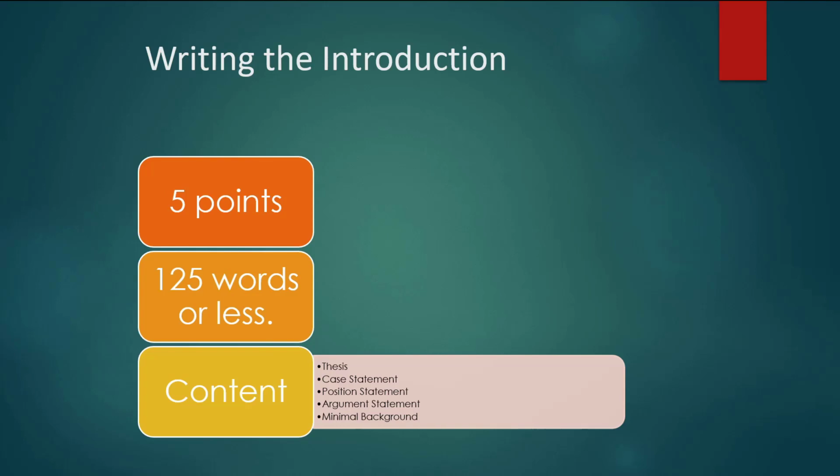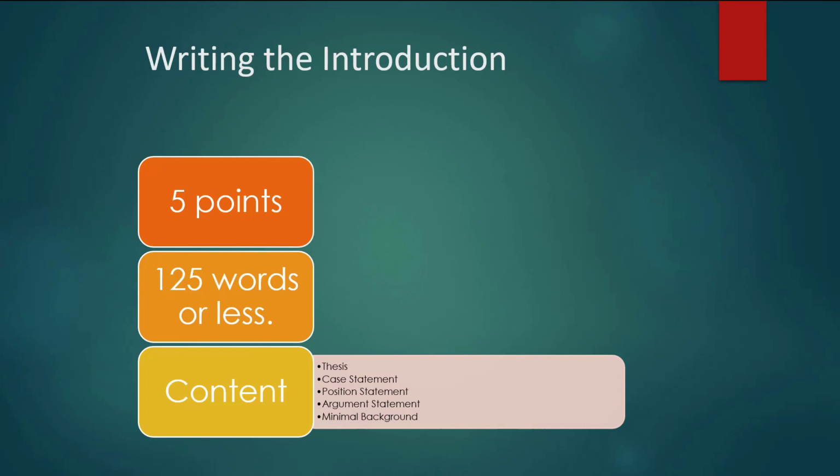For the content, there are 5 things that need to be in there. Each one is worth 1 point. The first is the thesis, essentially what you're writing about. The second is the case statement, if you're using one of the cases, or what you made up. Then third is a clear statement of your position.